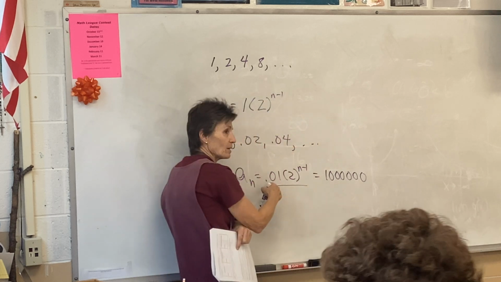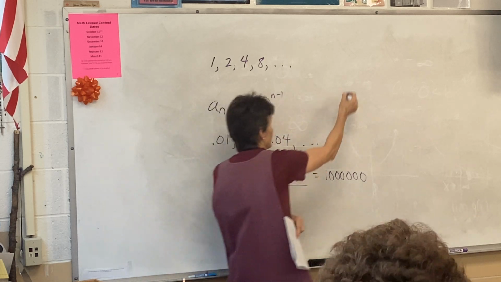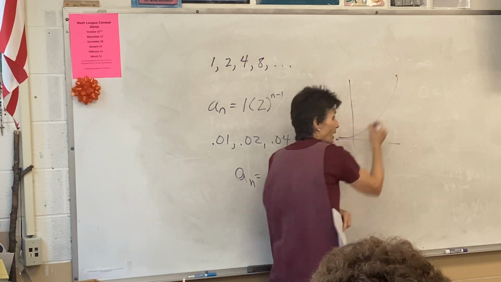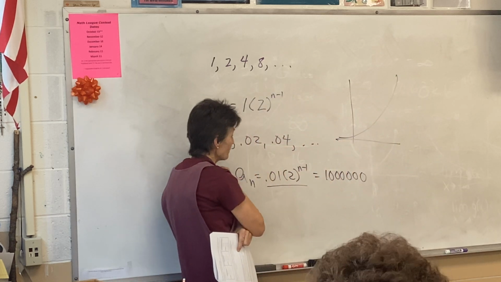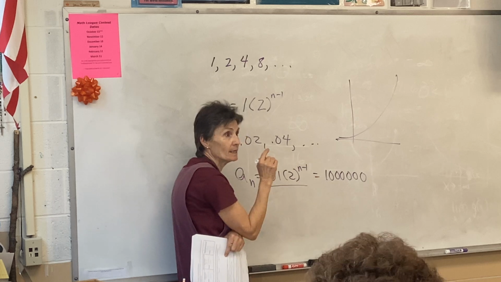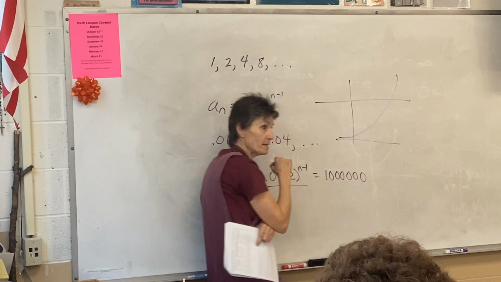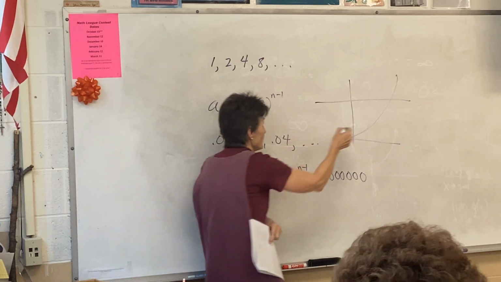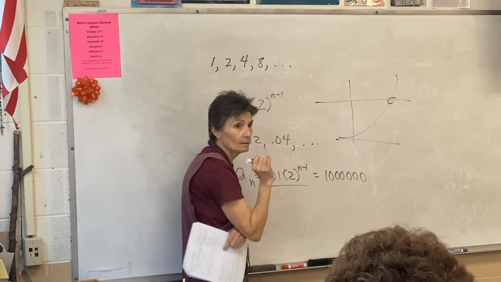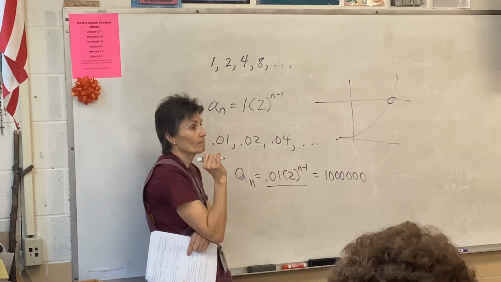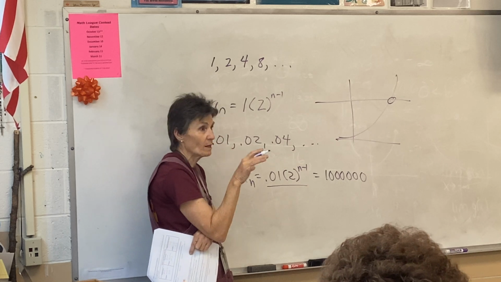By the way, what's that equation going to look like when you graph it? Exponential growth, right? And then put in $1 million as your other equation, and that will be a line. And then you'll figure out where they cross. Would everyone agree that would be one strategy?